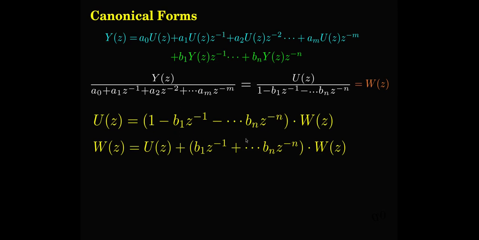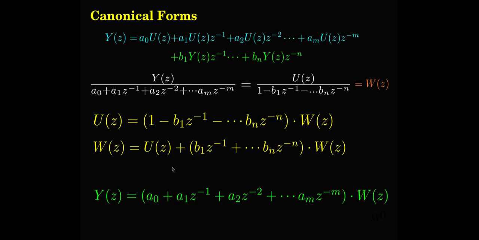All these terms which have the unit delay components, polynomials in z, I will put together: b1 z to the power of minus 1 up to bn z to the power of minus n into W(z). I will take it to the U(z) side, so U(z) plus all these terms into W(z) will be equal to W(z).